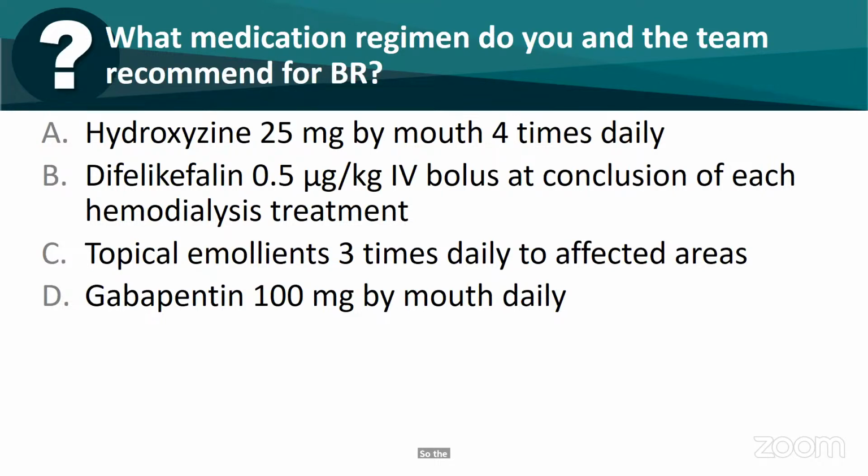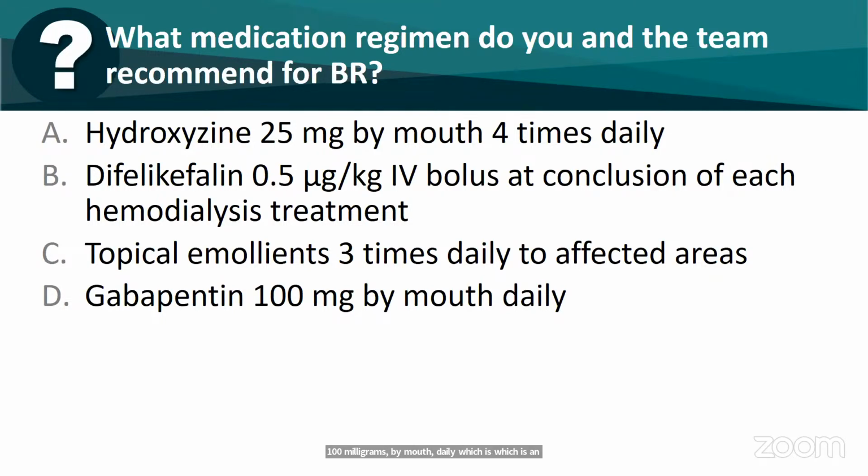However, that being said, we do see patients treated with antihistamines such as hydroxyzine, topical emollients, and gabapentin. And as you can notice, this one might have been a little bit trickier for you because in earlier cases it looked at gabapentin at 300 milligrams PO TID. This is looking at 100 milligrams by mouth daily, which is an okay dose for our end-stage renal disease population.